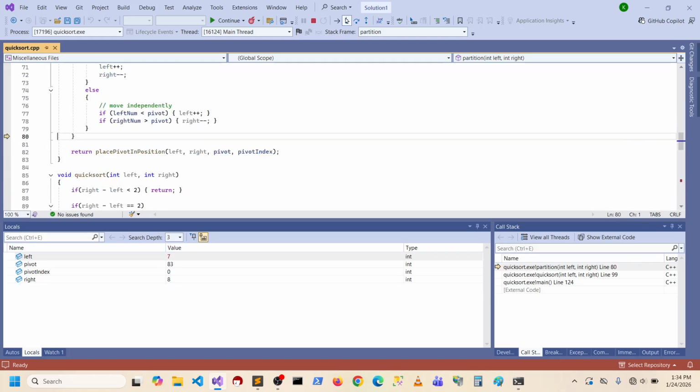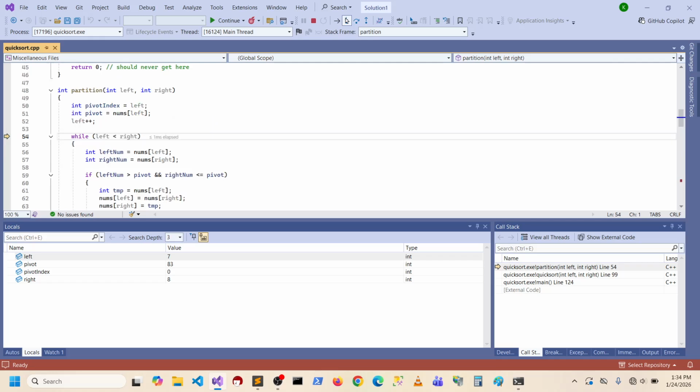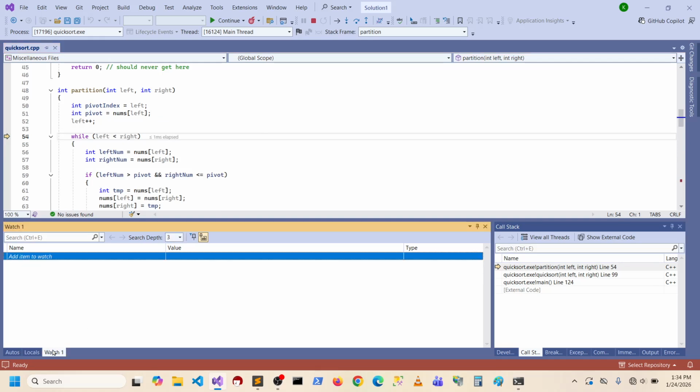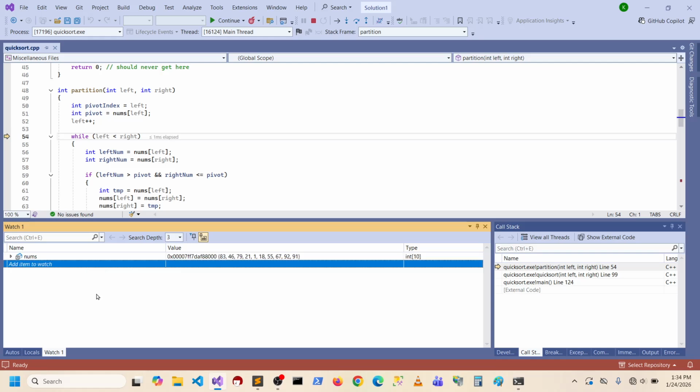Go back. Oh, see here, 92, 55. Got swapped.